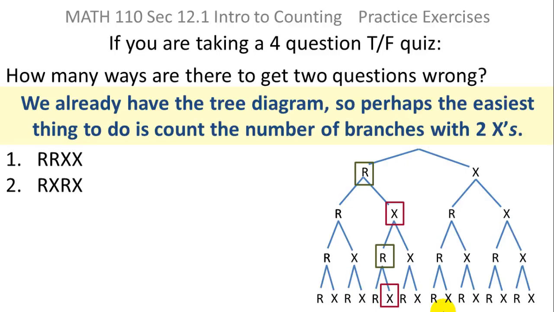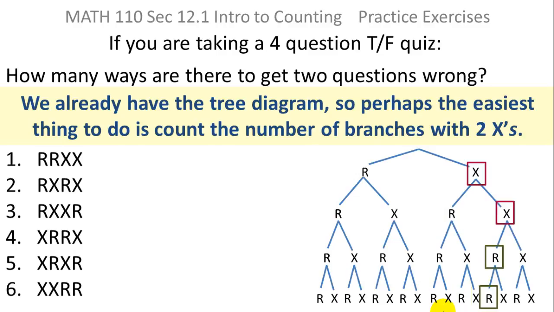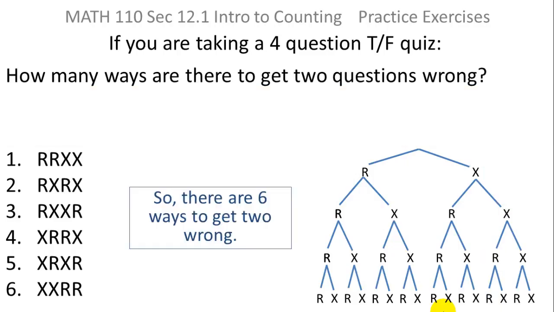Again, moving from left to right, RXXR has 2 x's. Continuing, XRRX has 2 x's, and XRXR has 2 x's, and XXRR has 2 x's. And that's it. So there are 6 ways to get 2 wrong.